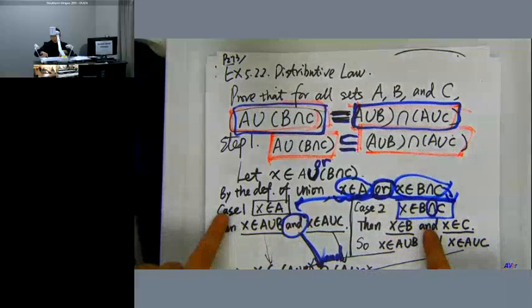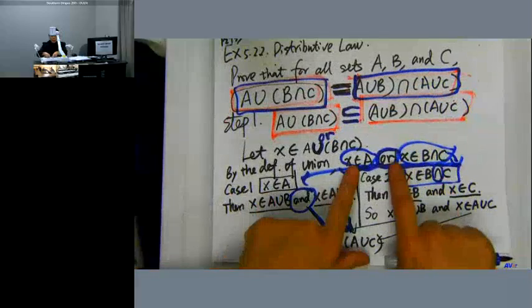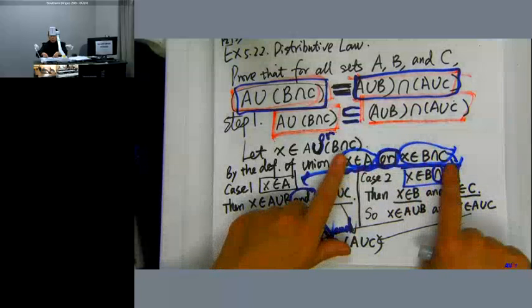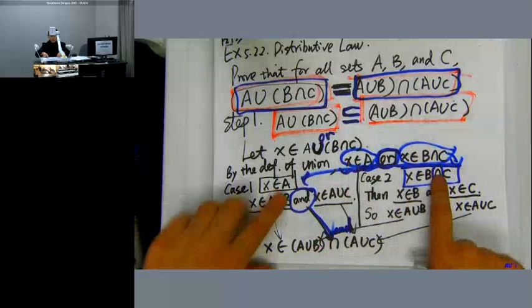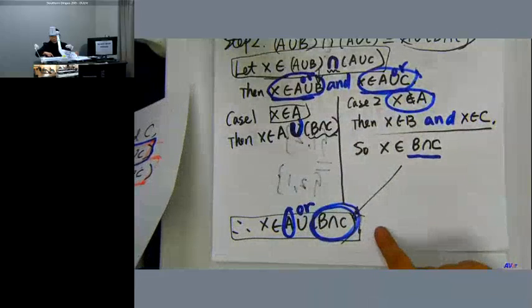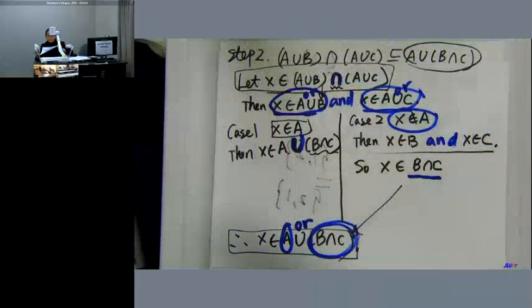I don't know which case is going to happen, so I do two cases. But for step 2, the reason I did two cases is because of what I need to prove. I need to prove it's either here or there. That's why I do two cases.